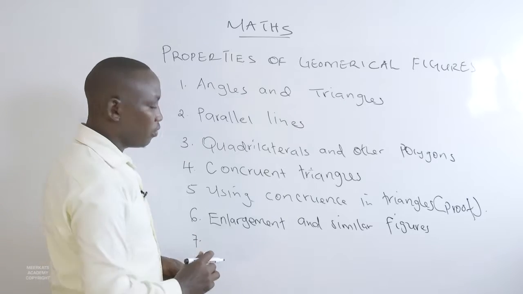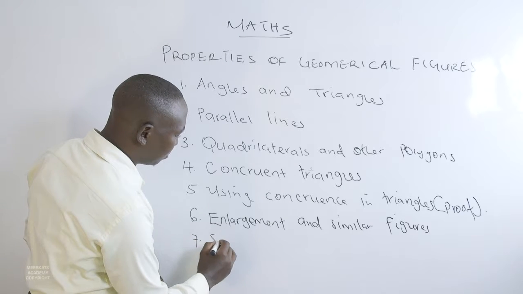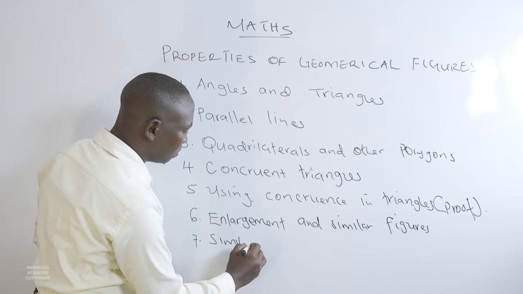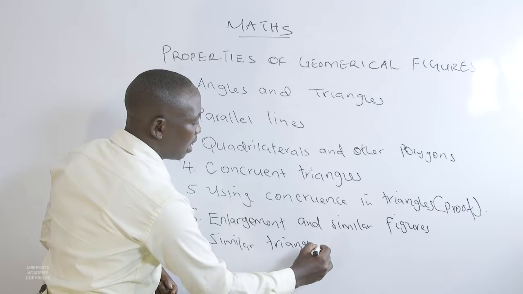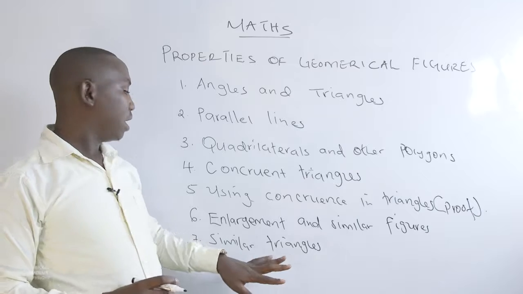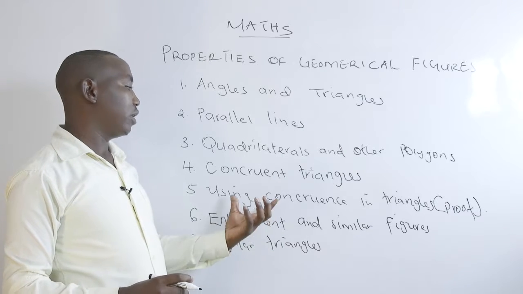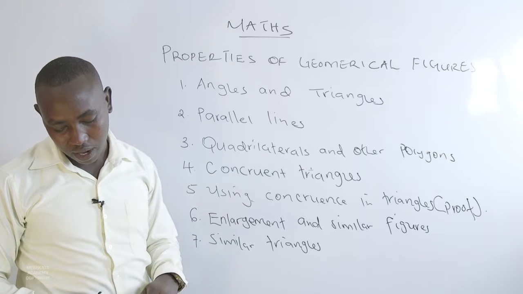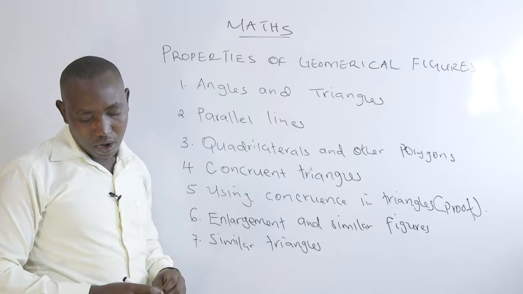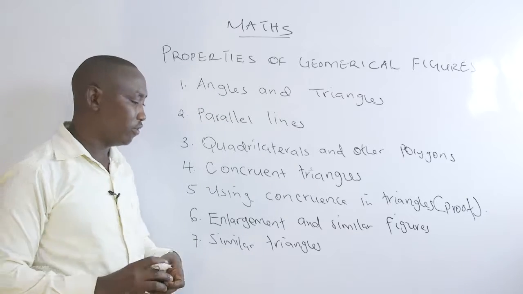Second last, we shall look at similar triangles. Under this subtopic, we shall make good use of the proof that we had originally learned on the congruency of those triangles. Then lastly, we shall be proving and applying similarity of triangles.